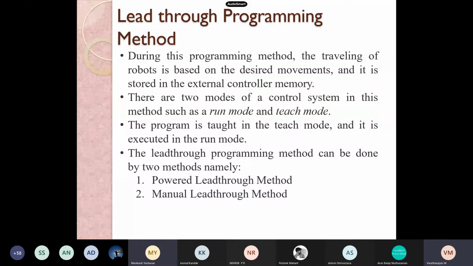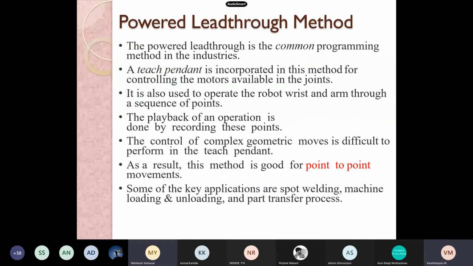The lead through method represents the first real robot programming method used in industry, during the 1960s when robots were first being used for industrial applications. The powered lead through is the common programming method in industry. A teach pendant is incorporated in this method for controlling the motors available in the joints.